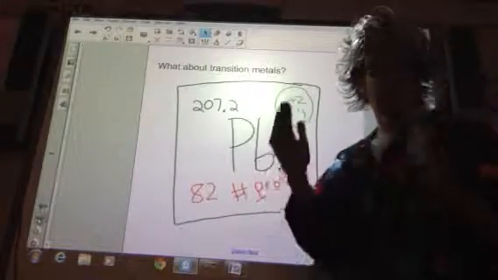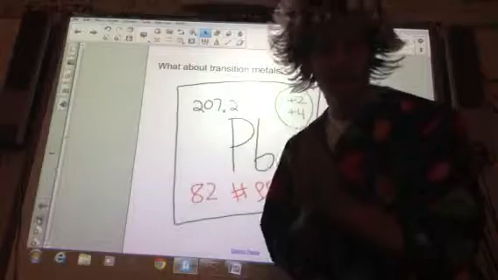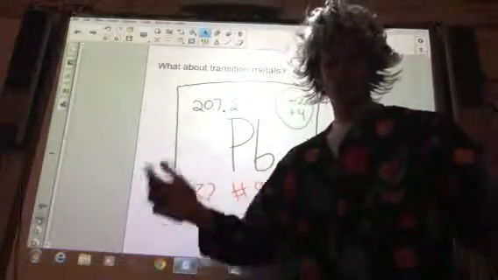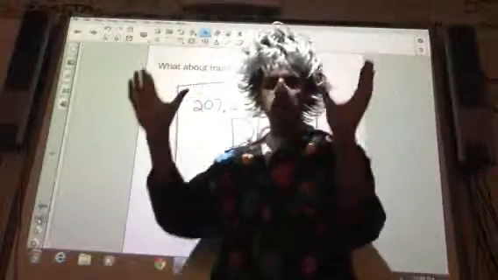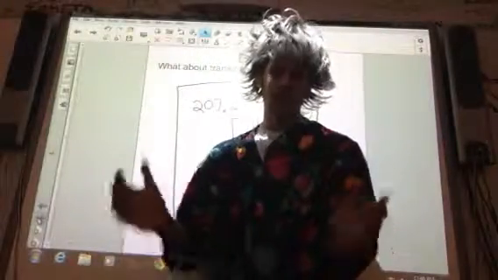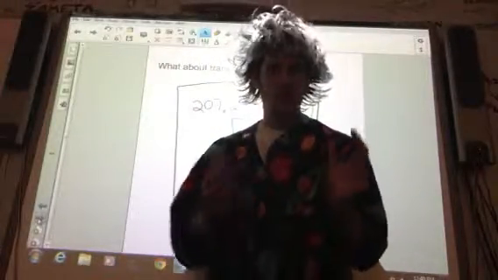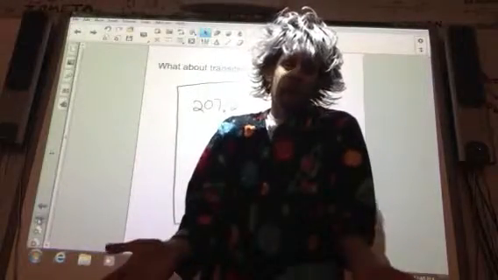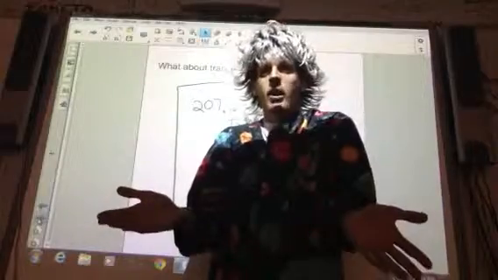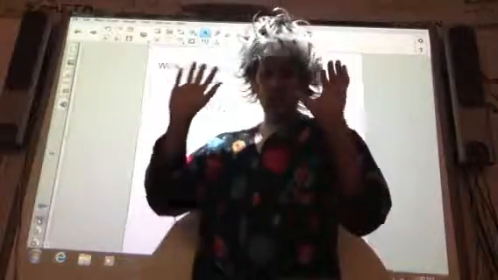Nice and easy. Those were all trend setters. They set the trends. But the transition metals, think of it this way. All the elements on the side of the periodic table, they're trend setters. They follow the trends of the periodic table. The transition metals are like a transition time when people don't follow the trends. They're like outcasts, or they're trying to be different.